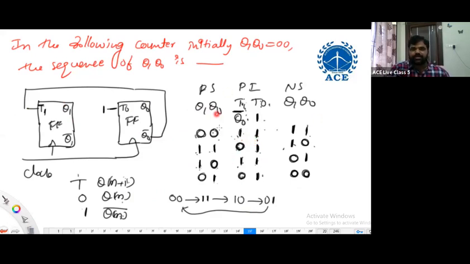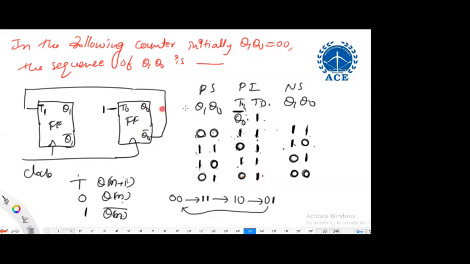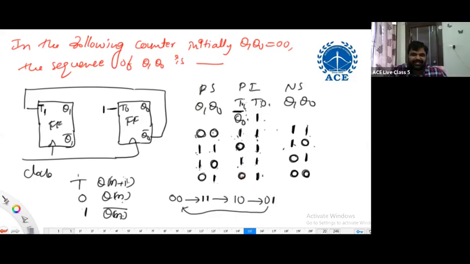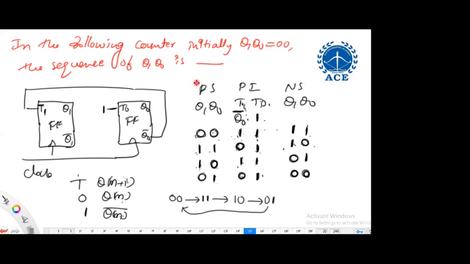So follow this; you can find your own shortcuts. It may not take more than 1 or 2 minutes. They won't give you 4-bit or 5-bit counters, so a big sequence may not be there. Okay, sir. No shortcuts. Thank you, sir.